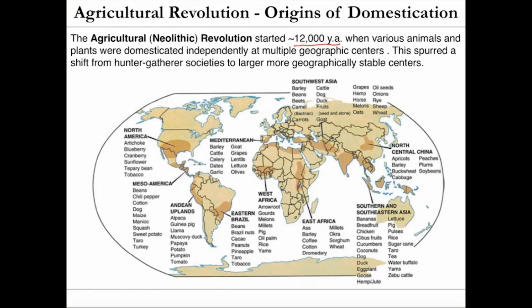It was a lot earlier in some regions and a lot later in other regions, but over time, sometimes probably over thousands of years, humans started to domesticate different plants and animals. This slowly spurred a shift from hunter-gatherer societies to larger, more complex and geographically stable, so less nomadic, centers.